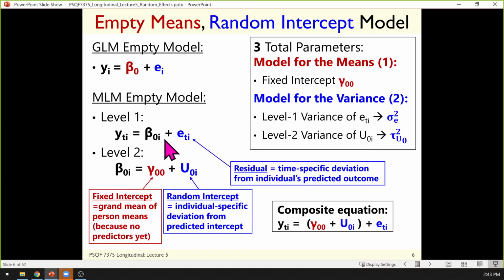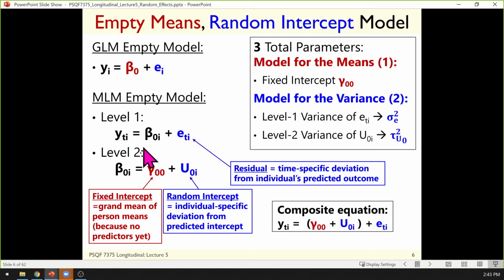Beta 0 is a placeholder. Beta 0 is like a backpack. It holds things. Because each person is now going to get a different beta 0, it has picked up an I. What beta 0I is how each person is going to get their own intercept according to the model. Given that I have no predictors, the intercept is the mean.